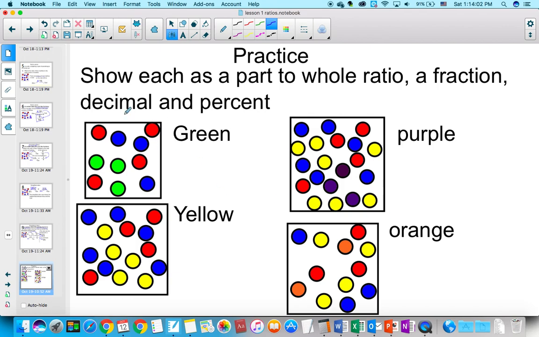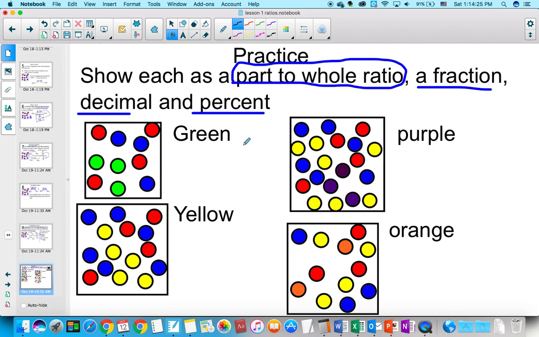All right, so we're going to do this one. We're looking for the part to whole ratio as a fraction, a decimal, and a percent. So when we look at this box, we have 1, 2, 3, 4, 5, 6, 7, 8, 9, 10. So the whole set is 10. So we can write this as 10.